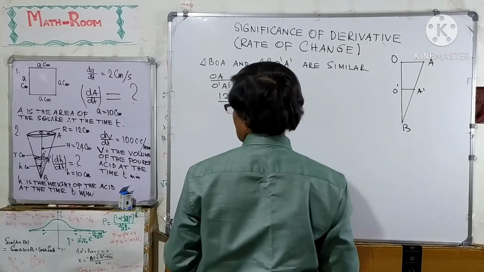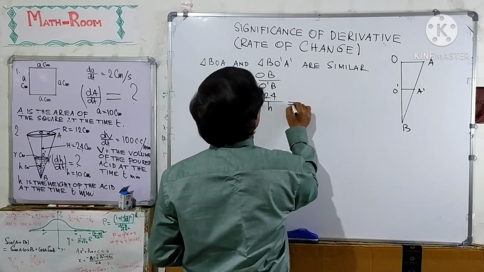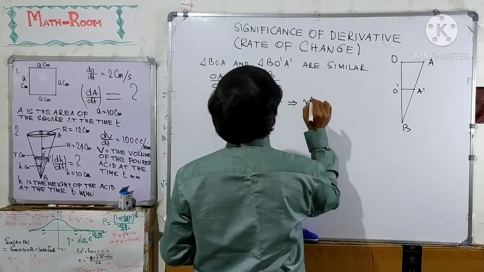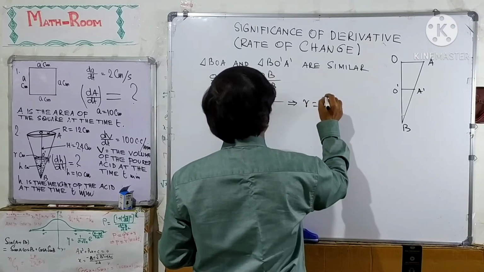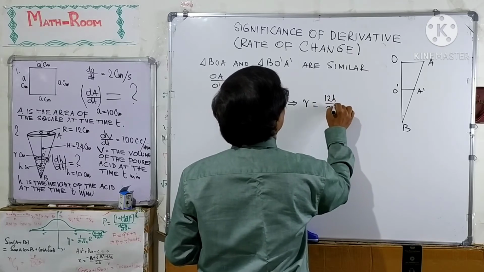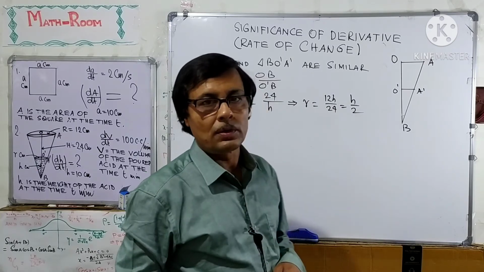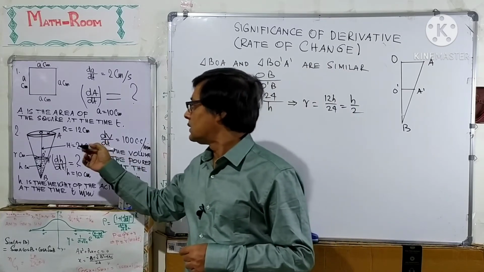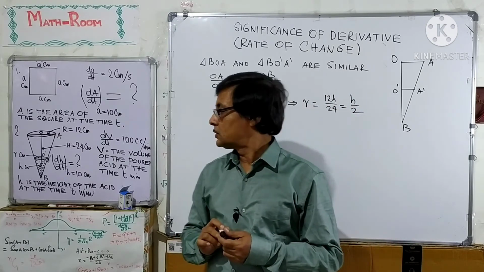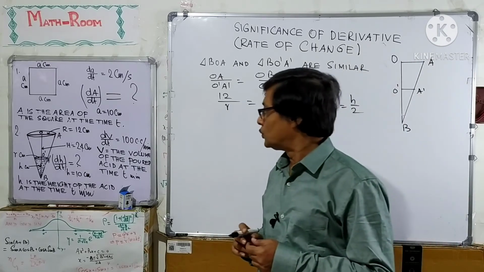So, we can get r equal to 12h over 24, that is h over 2. This is the relation between the base radius of the poured acid at time t and its height h. Here the relation is r equal to h over 2.